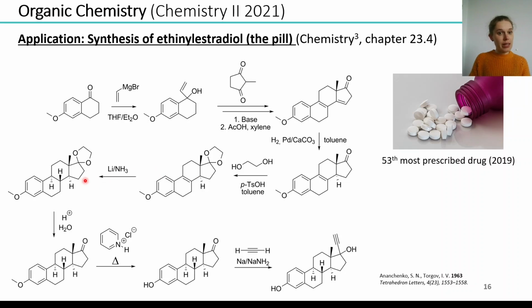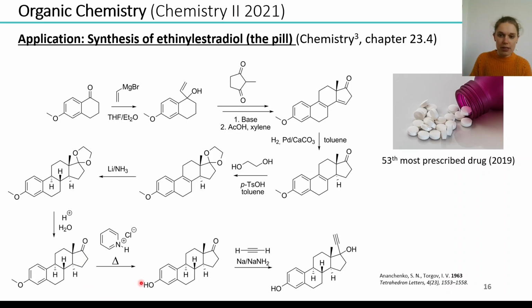That means we only hydrogenate the carbon-carbon double bond, and we end up with a carbon-carbon single bond in this step. The next step is then a deprotecting step in order to remove the protecting group and to regenerate the carbonyl group here. And this step is conducted in dilute aqueous acid.